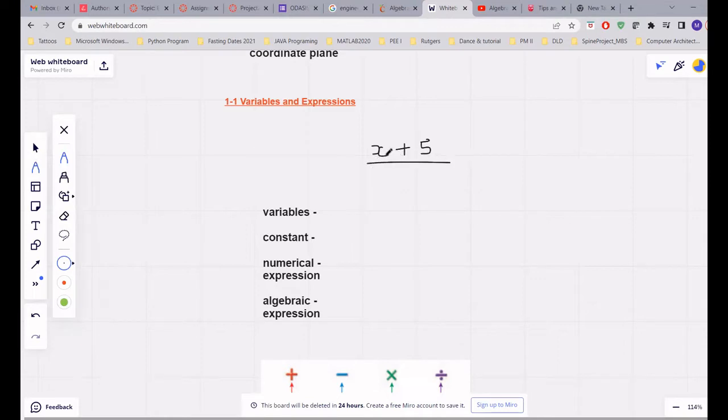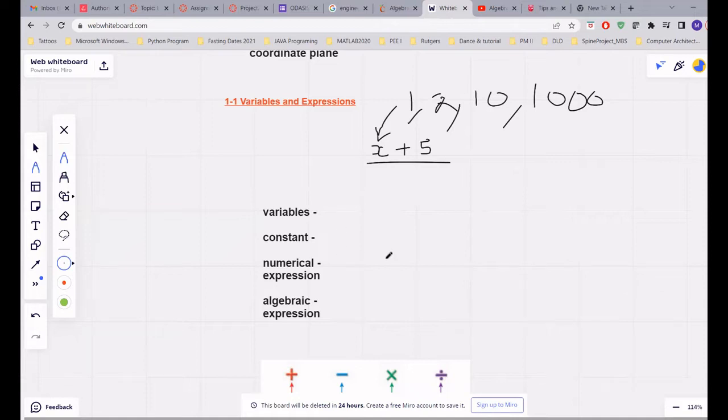X plus 5. So x is a variable. X can have any number. It can be 1, 2, 10, 1,000. It can be any number. It is not a fixed or a constant value.